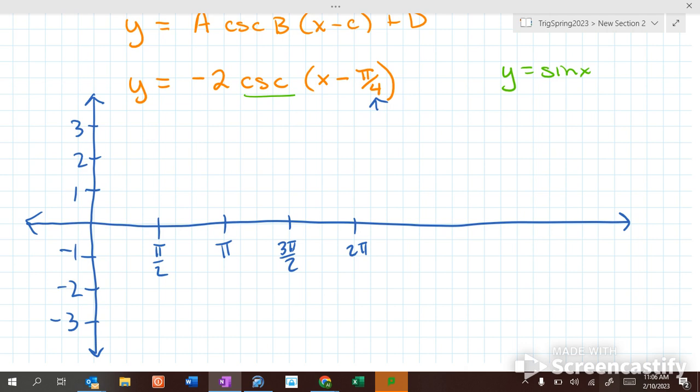So what's y equals sine of x? Well, it's 0, 1, 0, -1, 0. If you don't know where to graph y equals sine of x yet, you are way behind. You are 4 class periods behind. So we should know what y equals sine of x is.